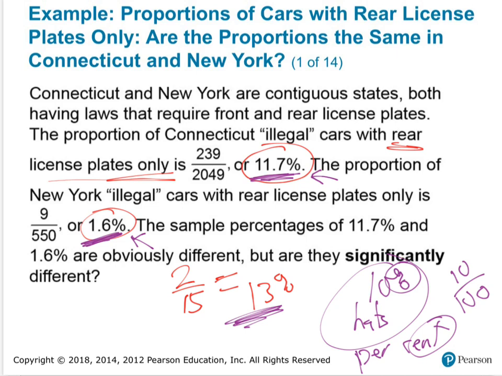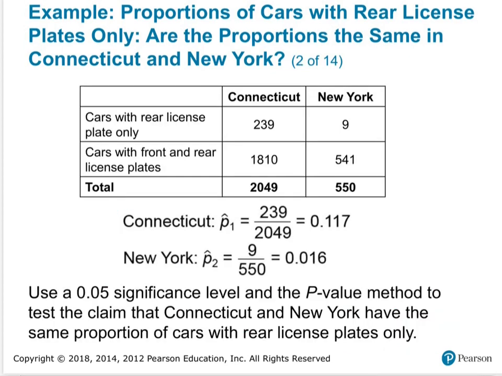Or are those different enough that we believe, no, there's strong evidence that what's happening in New York is much more enforcement of the law, so people are really having both license plates, whereas in Connecticut they're not? What do you think? So that's what statistics does, right? It comes in and says, is this significant? Is this beyond luck? Is it not reasonable to think it's just luck anymore? That's the question. All right, how do we do that?